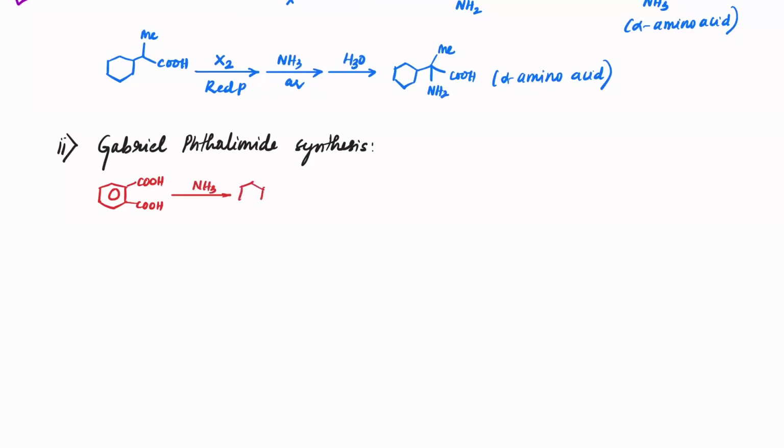First it forms a salt, COO minus NH4 plus on both sides, and on heating we get an amide, C double bond O NH2, called phthalamide.